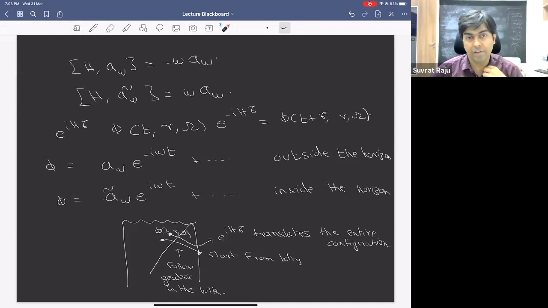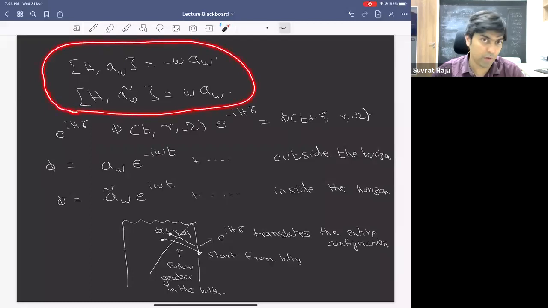The reason is that e to the iHt really generates translations of t on the boundary. If you define the operator by dropping a geodesic in the bulk and following it to its end, then when you apply e to the iHt, the entire configuration gets translated by some amount, and that generates translations of the coordinate t inside, even though it's not the time coordinate. So in any case, the end of the story is that we have these commutators, and they are going to be important.